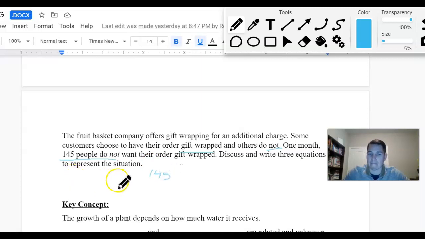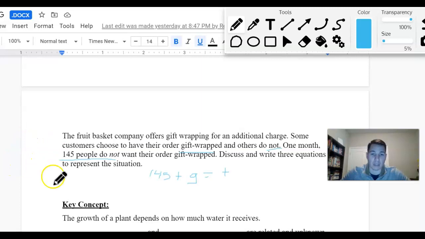All right. That is our information that we know. Okay. So 145 plus the people who want it gift wrapped, so let's use G, is going to equal the total number of fruit baskets the company sold.